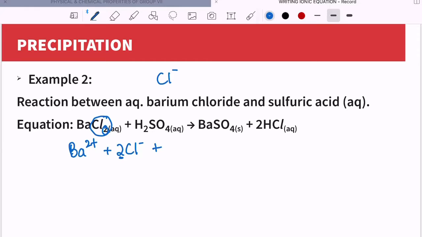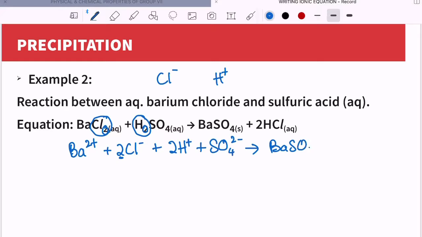Plus the sulfuric acid. As you know, hydrogen ion is present as H plus. So when you have these 2, you put 2 as a coefficient in front of the H plus, SO4 2 minus, to form BaSO4.